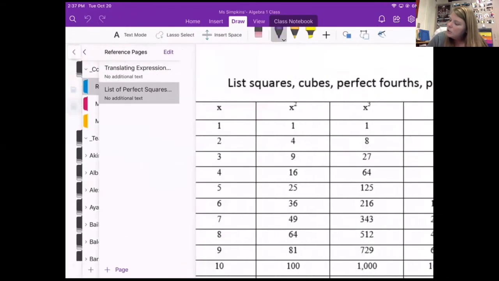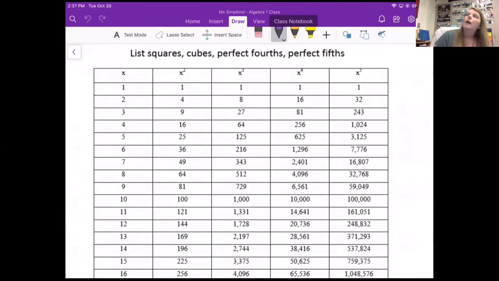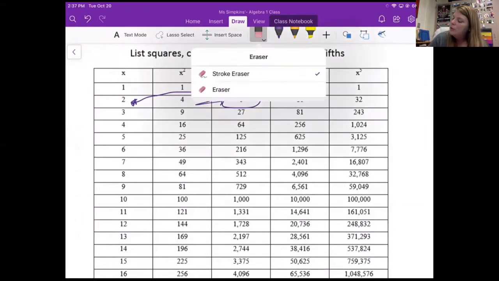So if we were talking about to the 1/3 power, you'll notice that 8 is right here. And if we go all the way to the first column, the third root of 8 is 2.